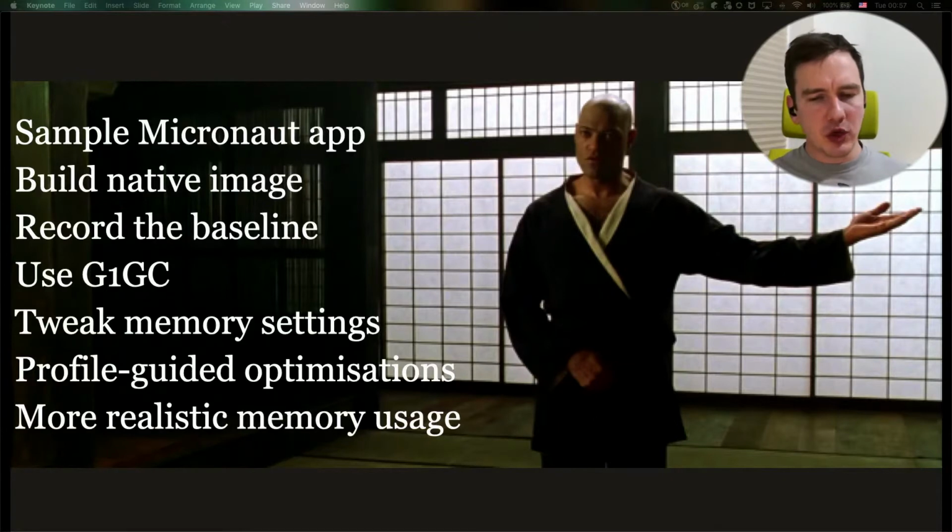Then we will use the G1 GC in the native images. And I will show you how to tweak memory settings for your native image so it will use a more appropriate amount of memory. And we'll use profile guided optimizations, which is a technique where we can record the profile ahead of time and then apply that workload profile when building your native image. And we'll see a little bit more realistic example of the same application. Let's get to it.